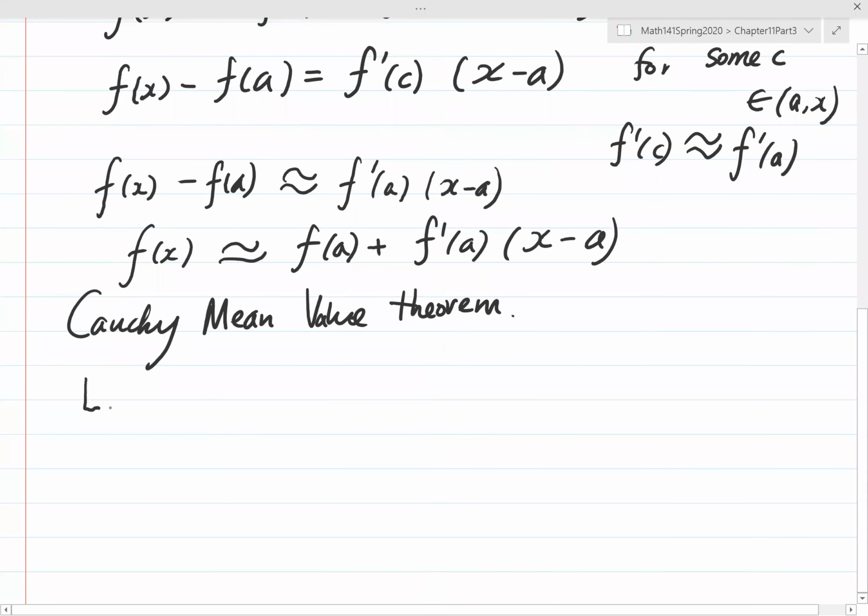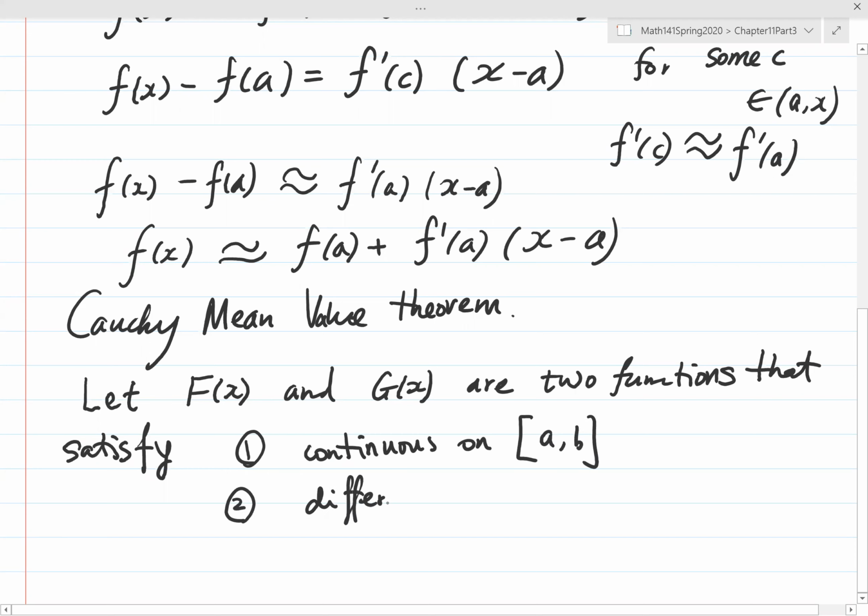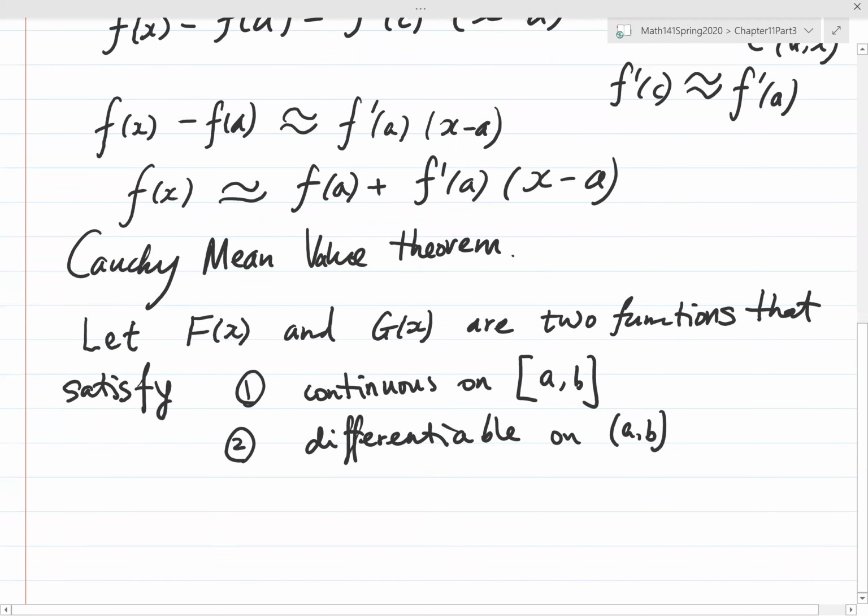If we have two functions F and G that satisfy: one, they are continuous on the closed interval [a, b]; two, differentiable on the open interval (a, b); and three, G'(x) is non-zero for all x in (a, b).